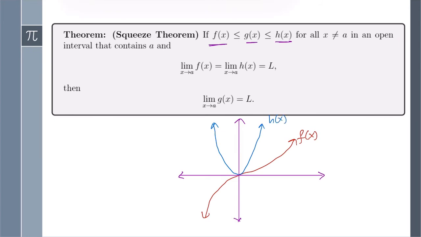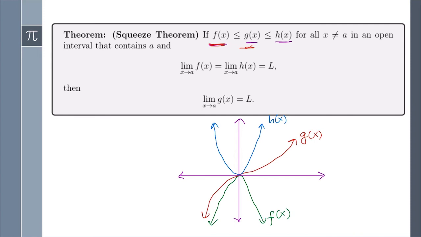And then there's another function, sorry, this is f of x, and then the red one is g of x. So that means f of x, the green one, is always less than the red one, and the red one is always less than the blue one.